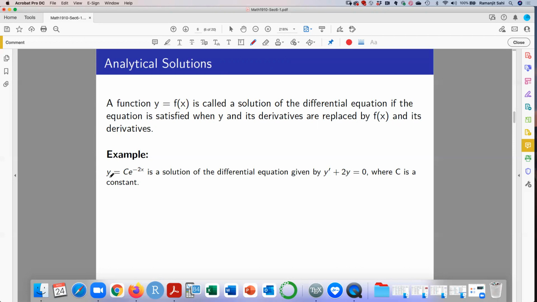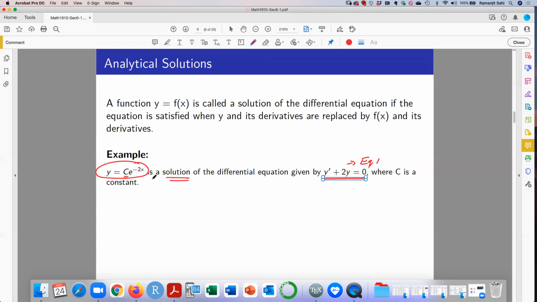For example, y equals c e to the power negative 2x is a solution of the differential equation y' plus 2y equals 0. Remember here, c is a constant. As we're saying, it is a solution, so when I take y and its differential and substitute them into this equation, say equation 1, with y equals c e to the power negative 2x, the left-hand side should equal the right-hand side.